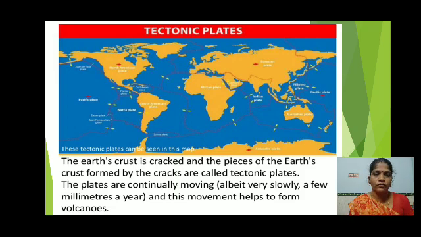Not only volcanoes, it also forms earthquakes and landslides. Listen children, what are tectonic plates? The Earth's crust is cracked and the pieces formed by the cracks are called tectonic plates.